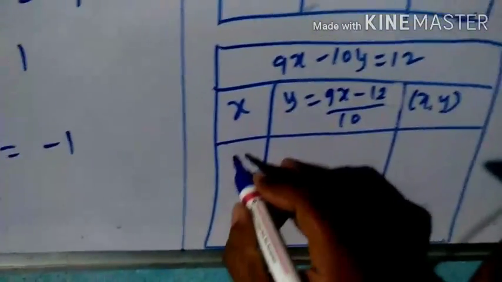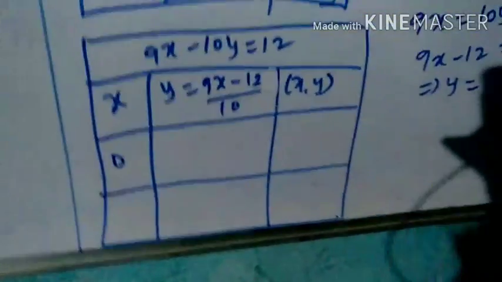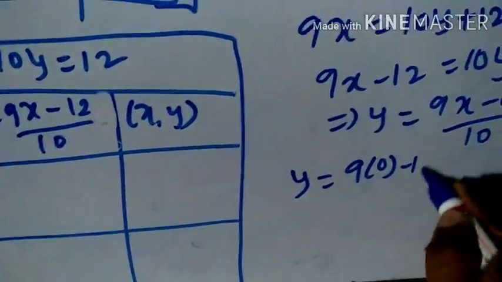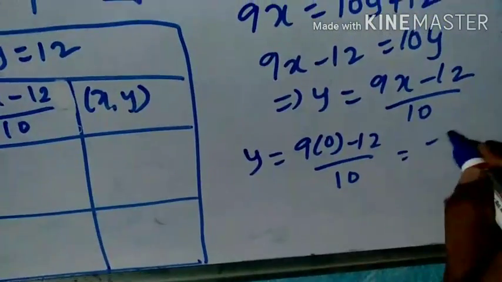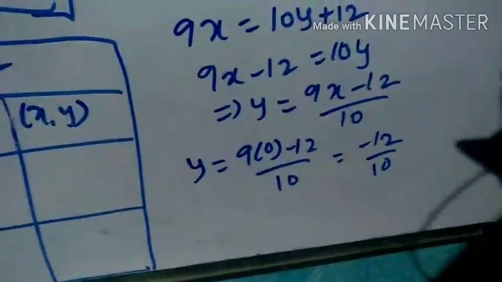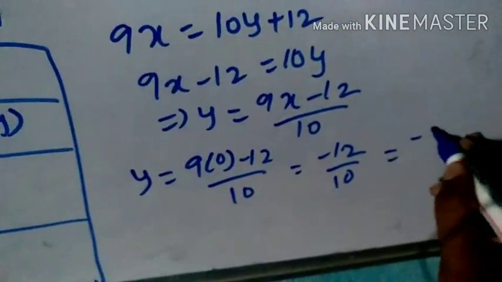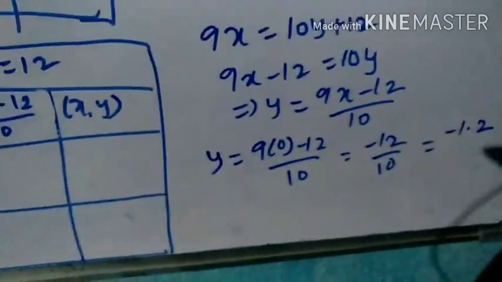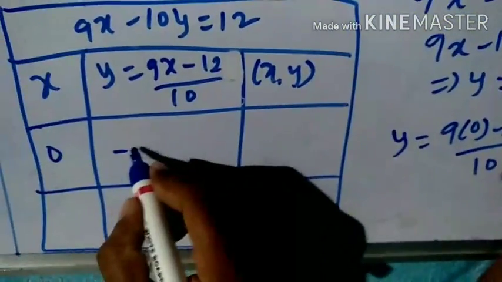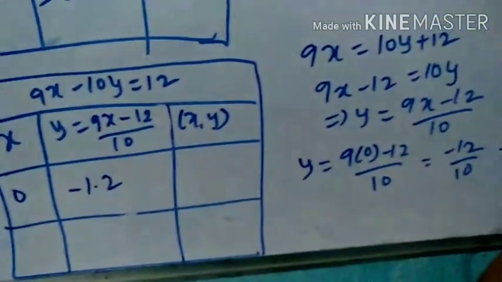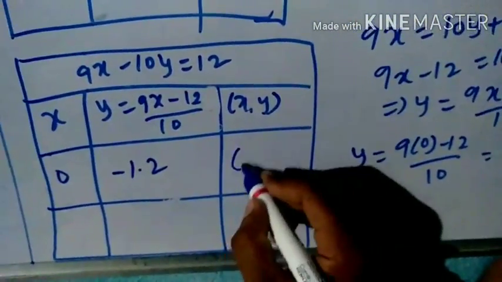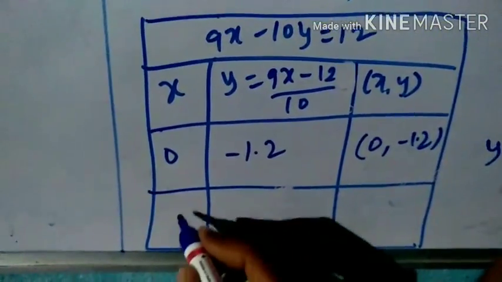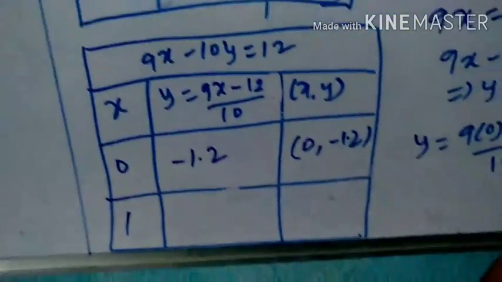So take x value as 0. For 0, y is equal to 9 into 0 minus 12 by 10. It is minus 12 by 10, which means this value is minus 1.2. The point is 0 comma minus 1.2. Take now x is equal to 1.